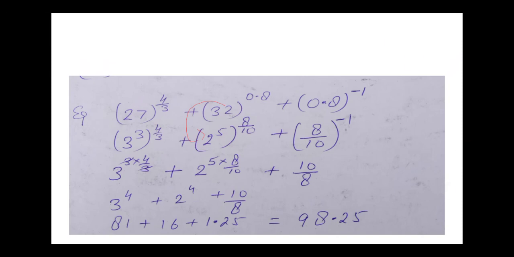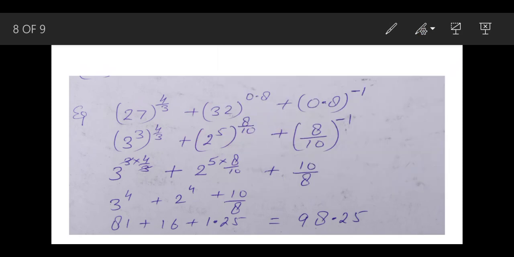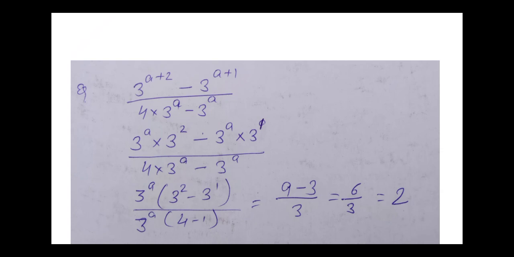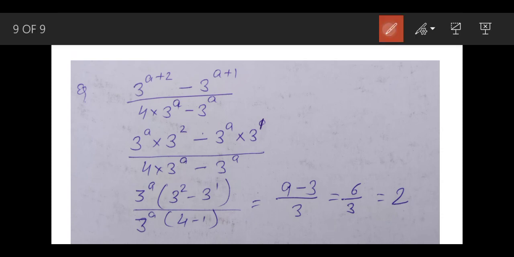Coming to the next. 3 to the power a plus 2 minus 3 to the power a plus 1, upon 4 into 3 to the power a minus 3 to the power a.